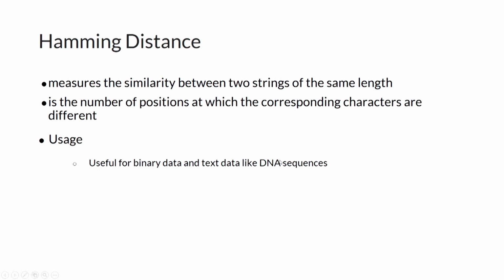Let us see another similarity metric, that is Hamming distance. Hamming distance can also be used to find distance or similarity between two instances. Hamming distance measures the similarity between two strings of the same length.